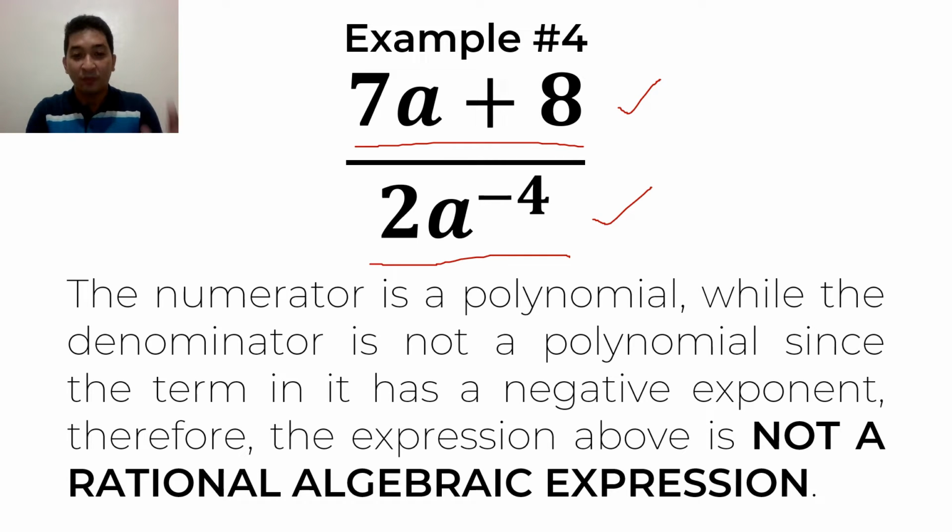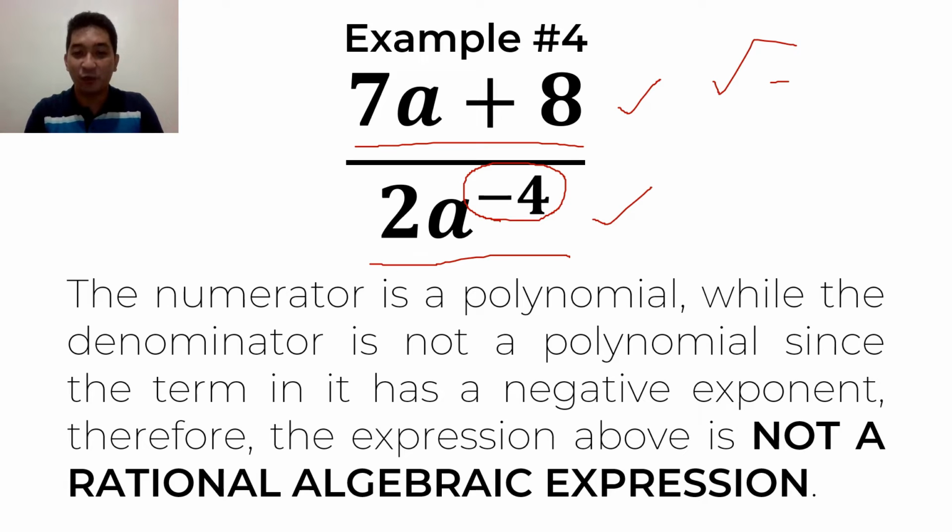Okay, bakit? The numerator is a polynomial. Of course, wala pong square root, wala pong negative exponent. So, this is a check. Now, alin ang mali natin? The denominator. Because the denominator contains a negative exponent, which is the negative 4. Okay, do you now get it?